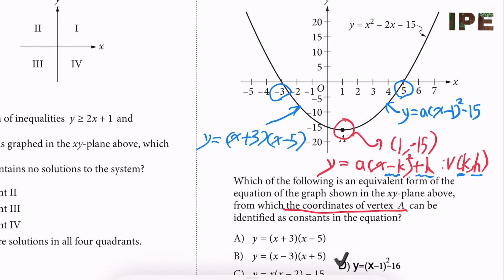It's another possible answer, but it asks you, okay, from which the coordinate of vertex A. That's why you have to choose this answer instead of that. This intercept form came from the x-intercepts, but vertex form came from the vertex point. That's why D is this.